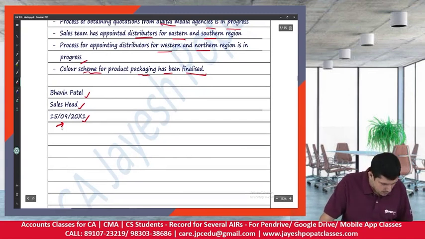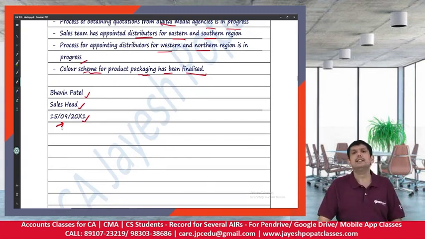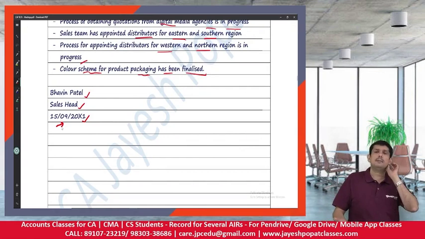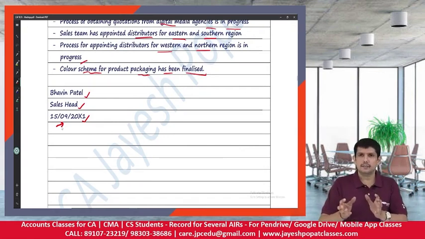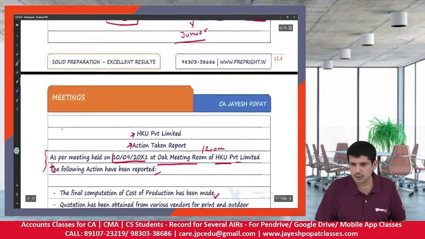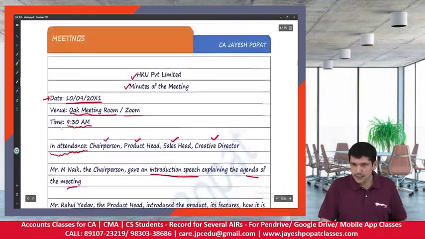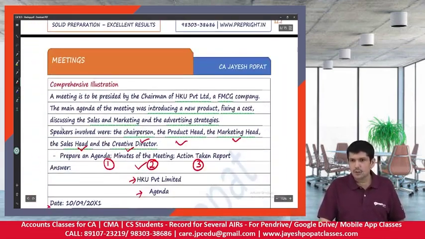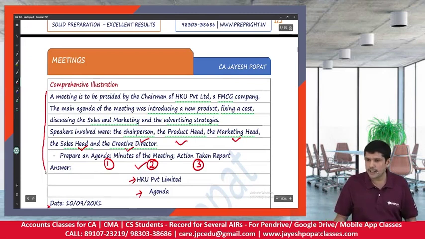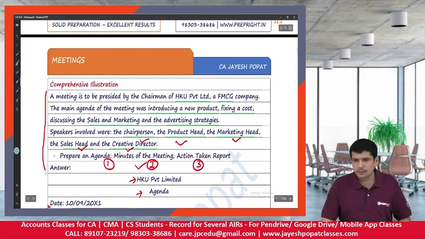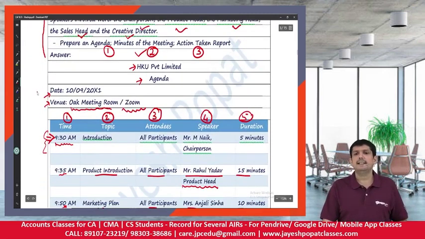So if the date of the meeting is not given, you have to choose your own arbitrary date. In our question also, the date of the meeting is nowhere there. But for the purpose of the agenda, we decided the date.